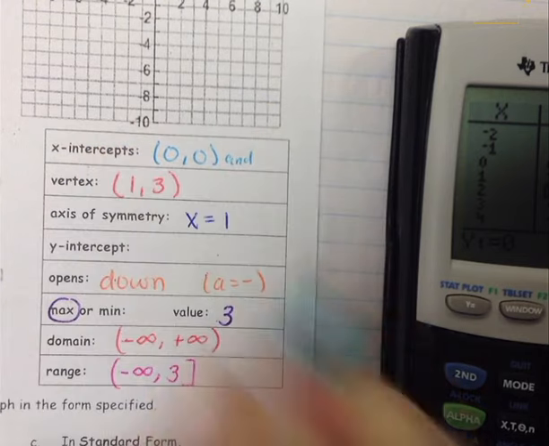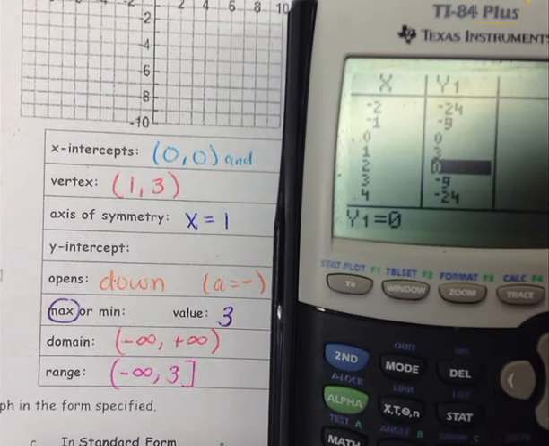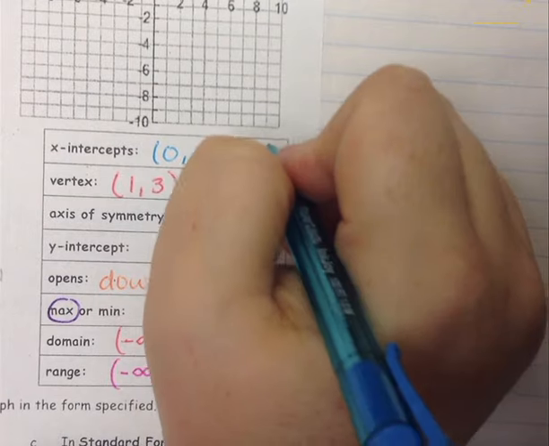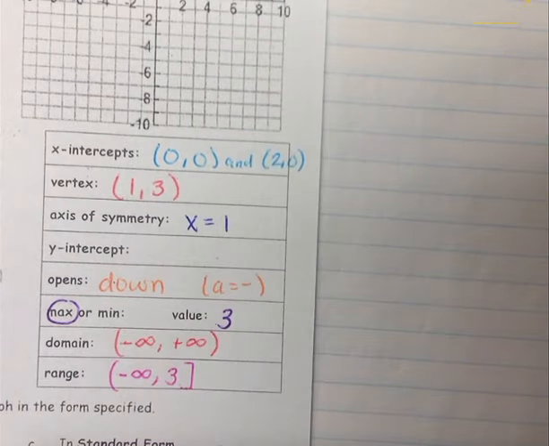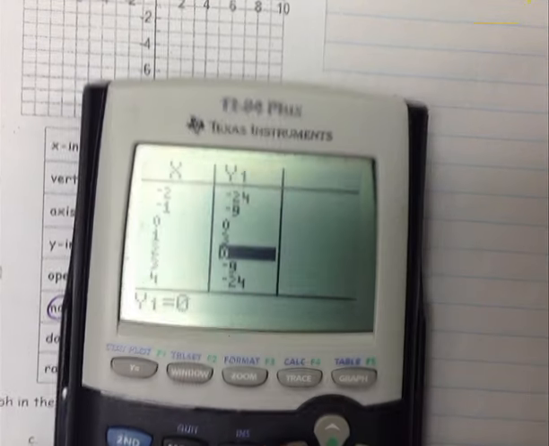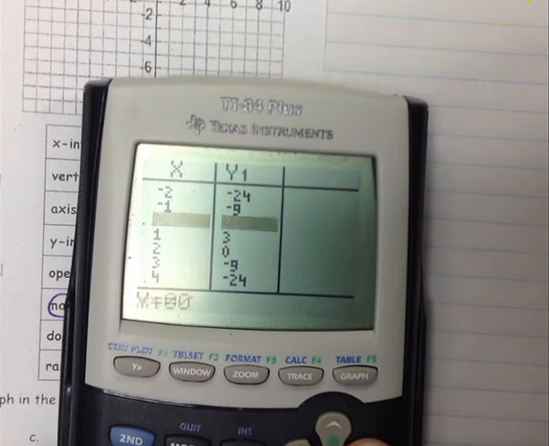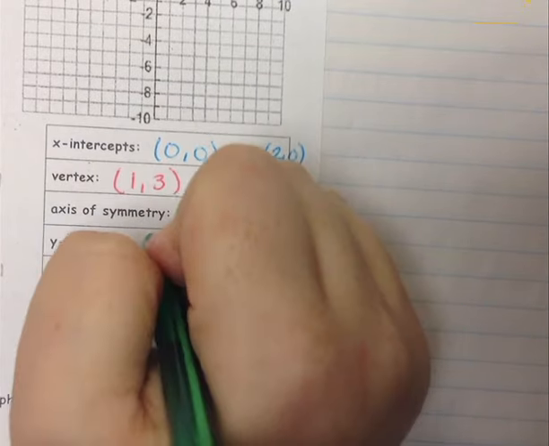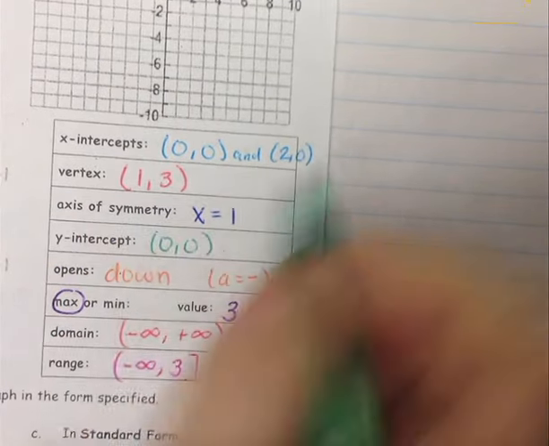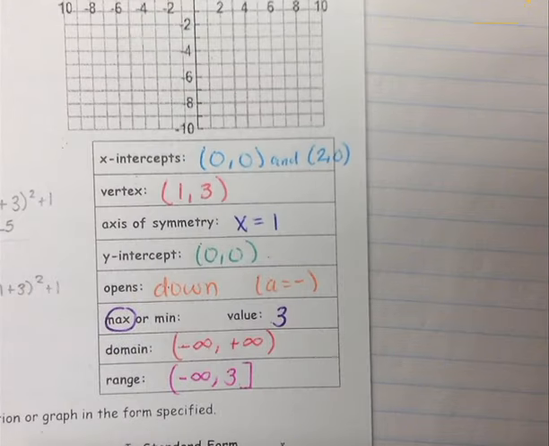And the other one was at 2, 0. Our y-intercept is when the x value is 0. So I'm going to come over here, the x value of 0. My y-intercept is at 0, 0. So now we have all of the chart.